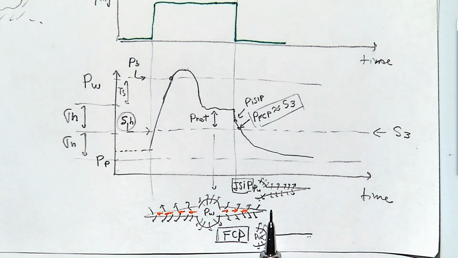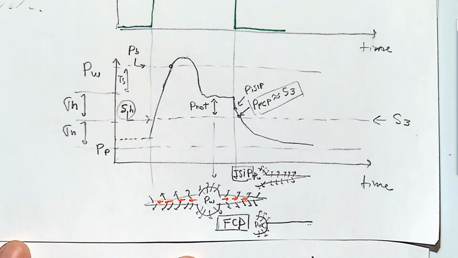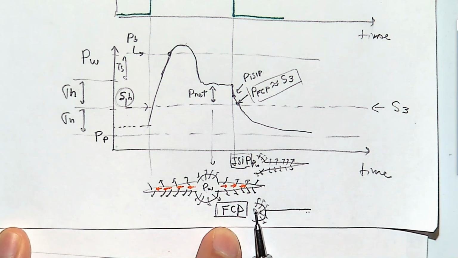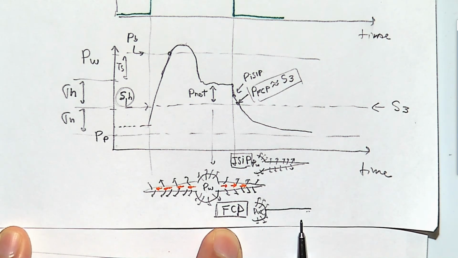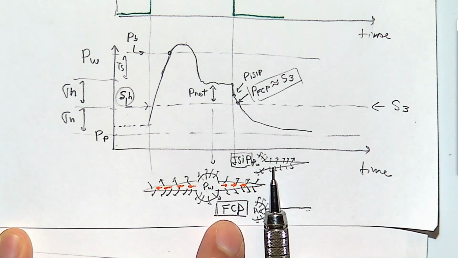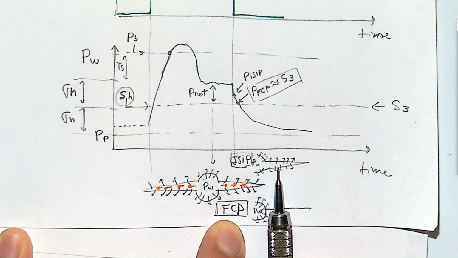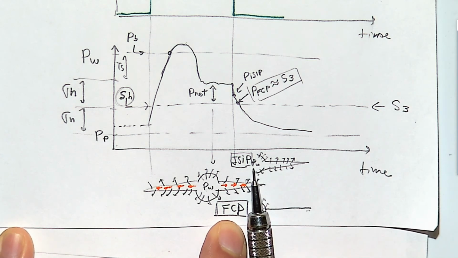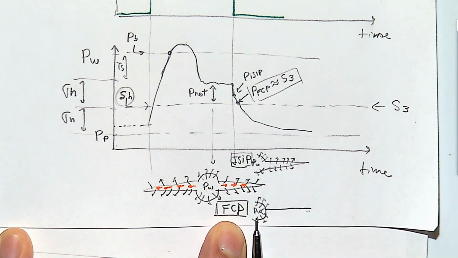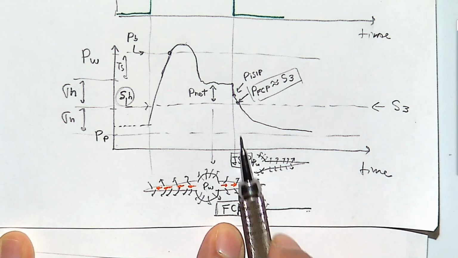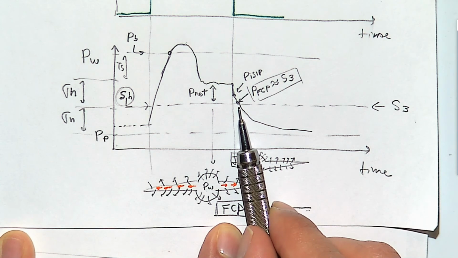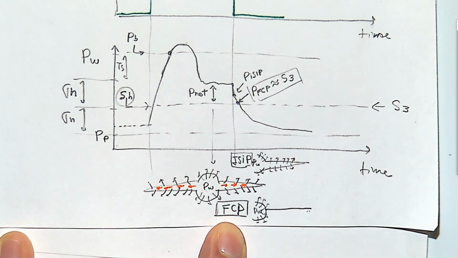Okay. So for now, just let me tell you that the main difference between before the closure pressure and after closure pressure is that before closure pressure, you have leak off from the fracture and from the well. And after closure pressure, you just have leak off from the well. So that's going to be a quite different trend in how pressure decreases.